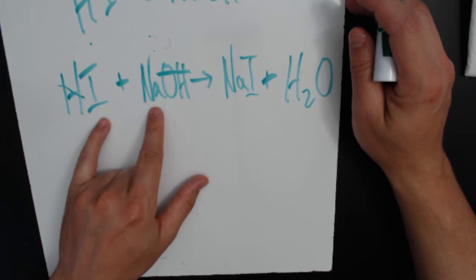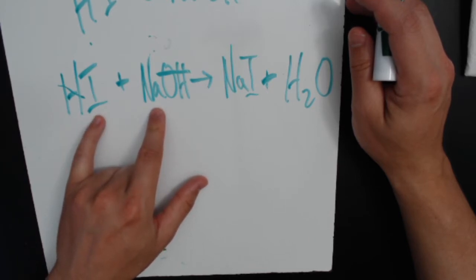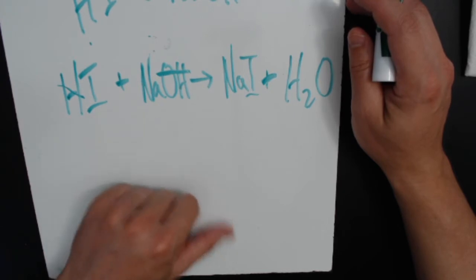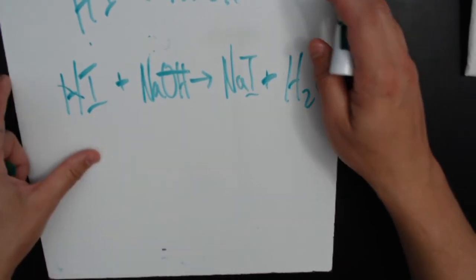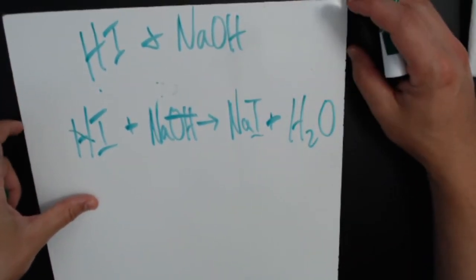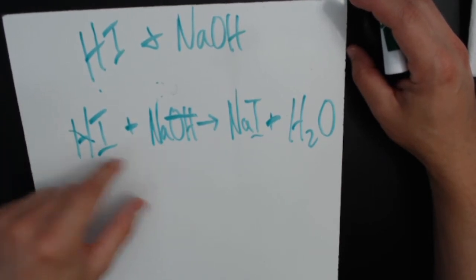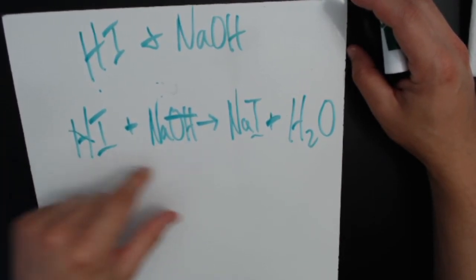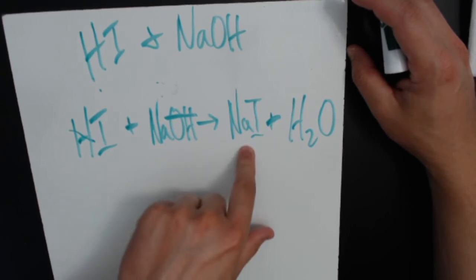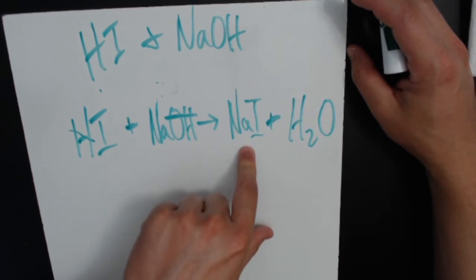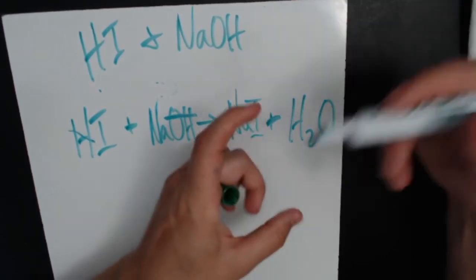If you've written everything correctly, it should be balanced. So there's the neutralization reaction between hydroiodic acid and sodium hydroxide. Our acid and base produce a salt, sodium iodide, and water, H2O.